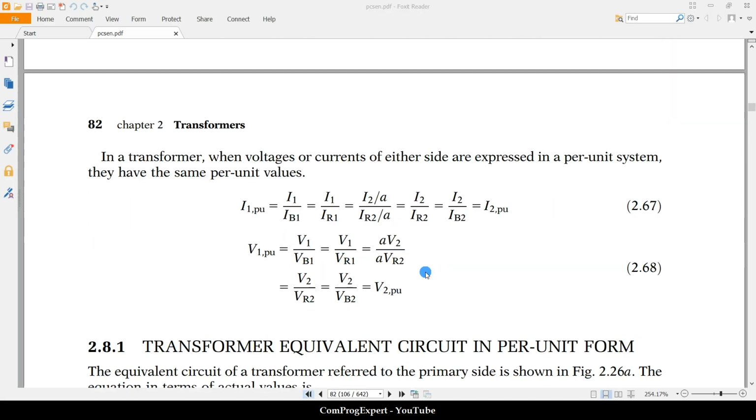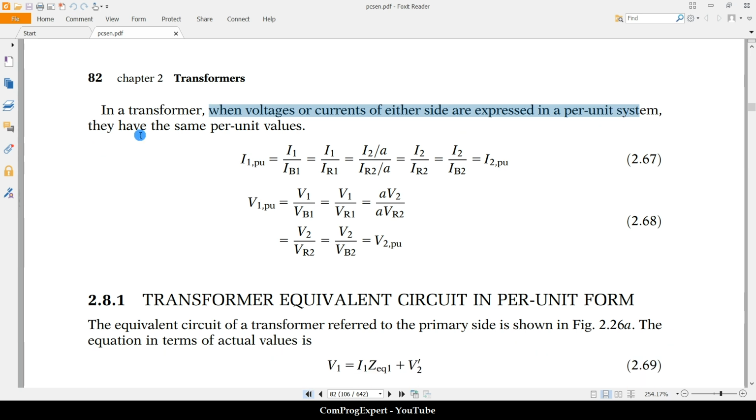So, in a transformer, when voltages or currents of either side are expressed in a per unit system, we have the same per unit values. Okay, this is the I1 in per unit, that is I1 divided by I base 1, I1 divided by I rated 1.